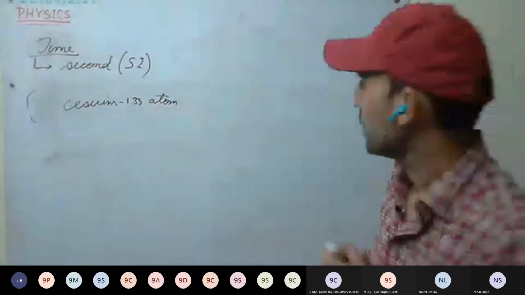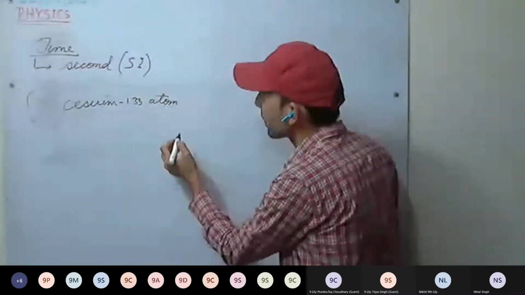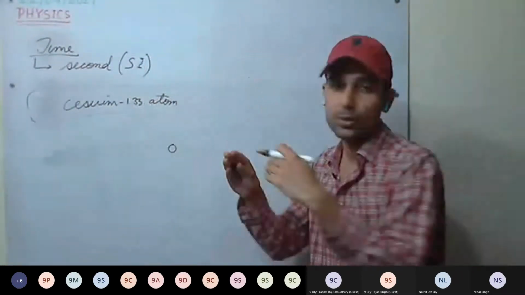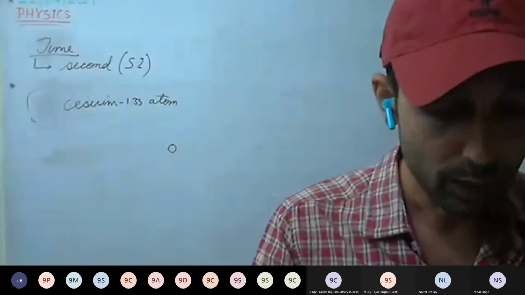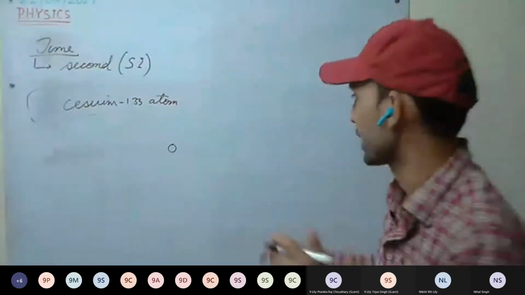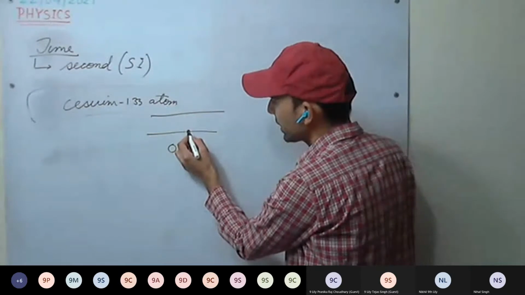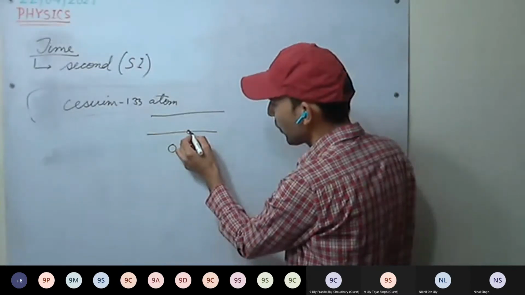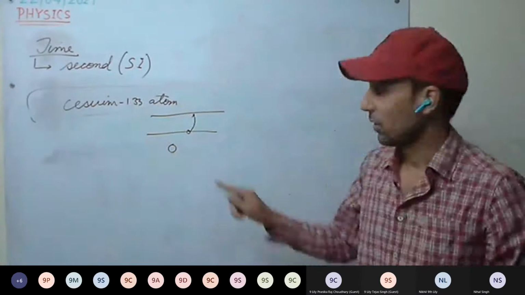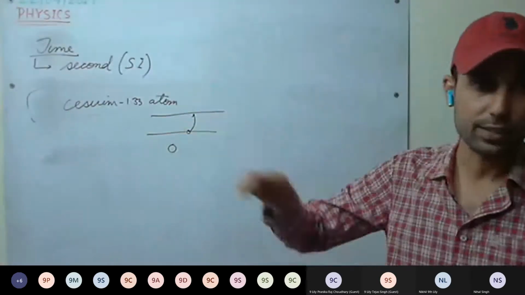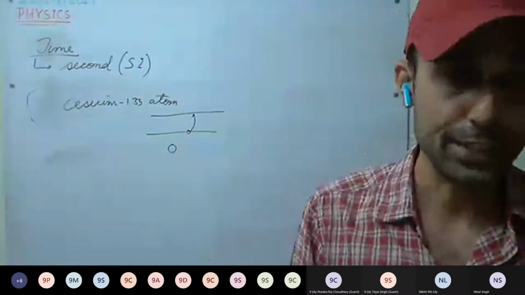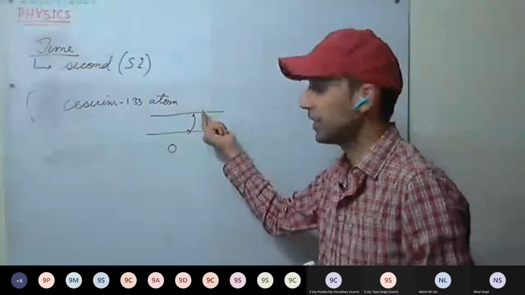Now this atom shifts between two hyperfine levels of the ground state. For example, consider these levels, and when the atom moves from one level to the other, it emits radiation.